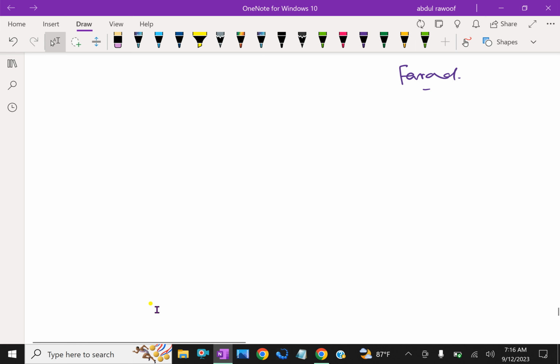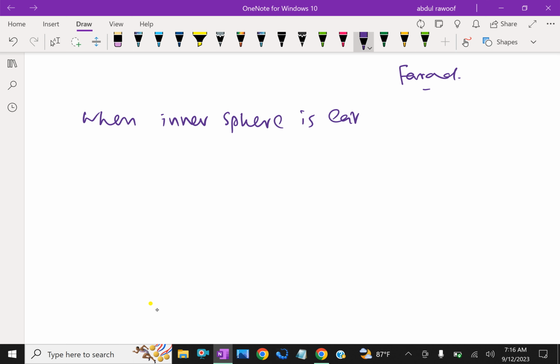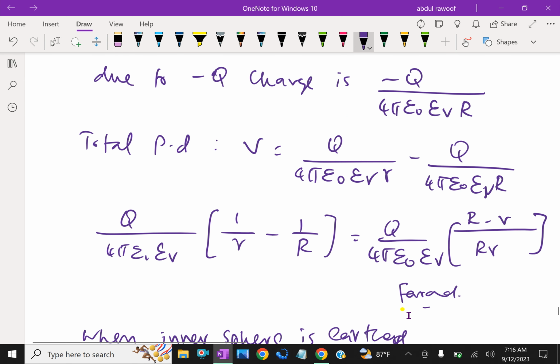Next condition, when the inner sphere is earthed. When the outer sphere is earthed, this is the expression.